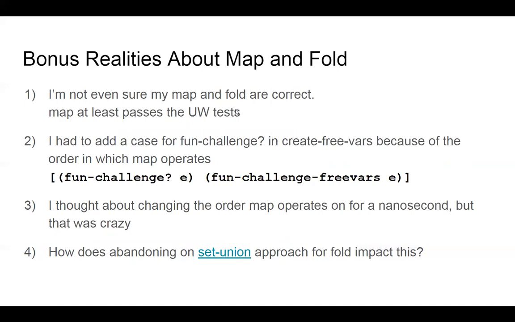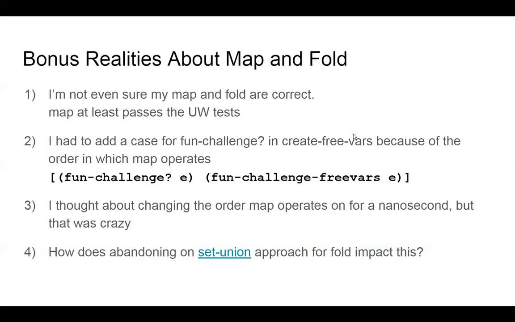But I mean, map at least passed the UW's test, but unlike when I write something in ML, after it works on a couple of things, I don't feel an incredible amount of security. I'm not completely sure that the tests that they've written or I've added in any way, shape, or form really test these things. And so that's just sort of a bonus reality. I thought I'd let you know, like, if that map I showed you is wrong, I'm not going to be stunned. There you go.